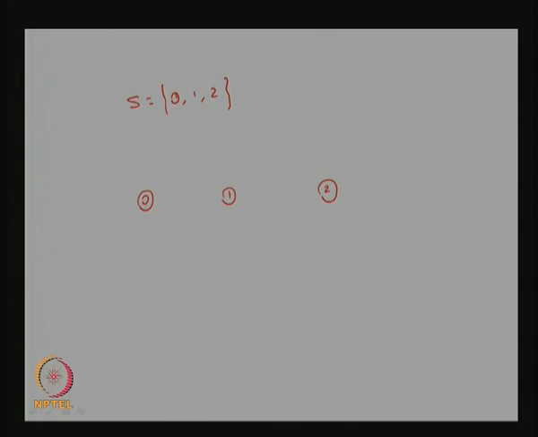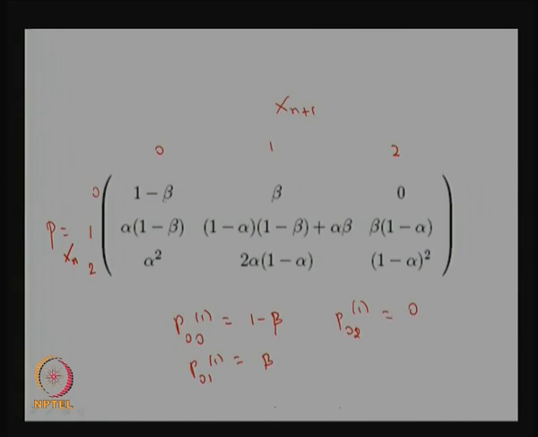Now, by seeing the one step transition probability matrix, you should make the arc from 0 to 0. A self loop is allowed if the probability is greater than 0. So, you should draw the self loop from 0 to 0 with the arc value 1 minus beta, and you should draw the arc from 0 to 1 with the arc weight beta, and you should not draw any arc from 0 to 2 because that probability is 0.